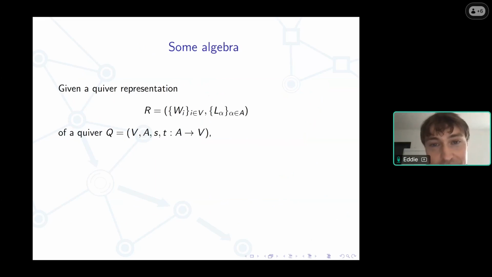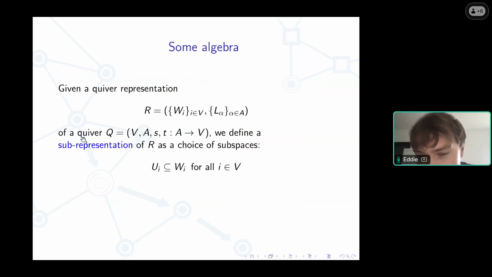I need a little bit of algebra, really a smidgen of algebra, to describe this. Given a quiver representation R, it has vector spaces and linear maps for all the arrows and for all the vertices of a given quiver: vertices, arrows, and source and target maps. We define a sub-representation of R as simply a choice of subspace for every vertex.